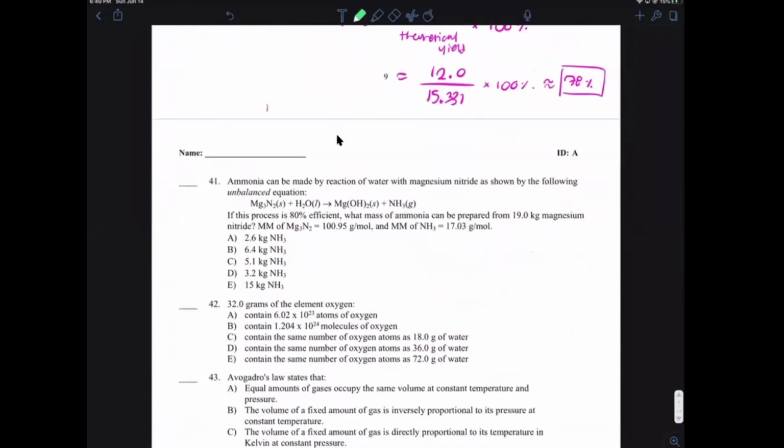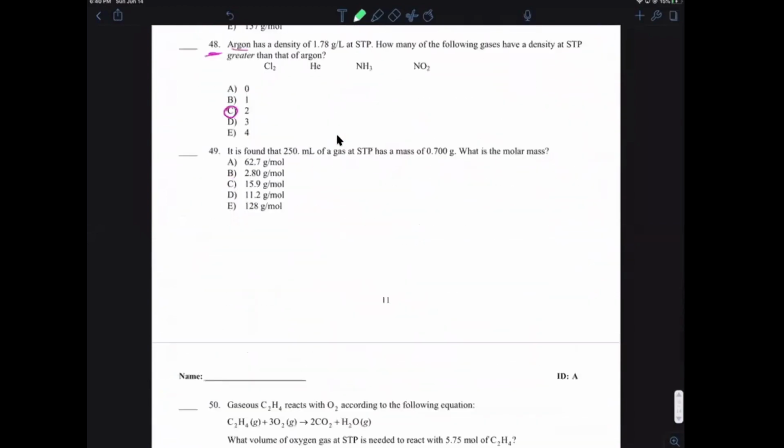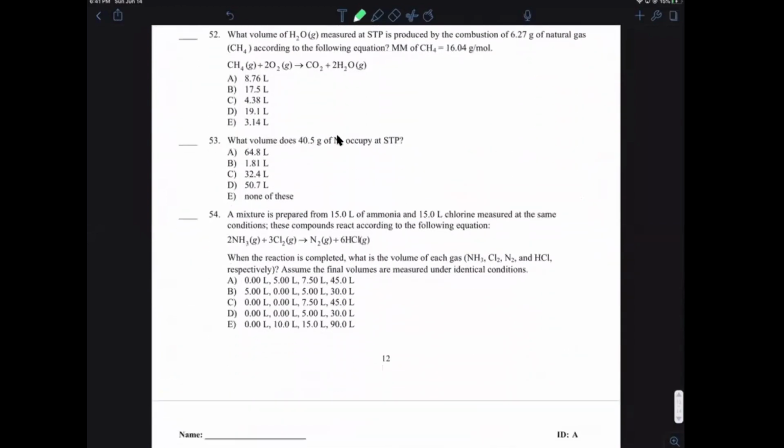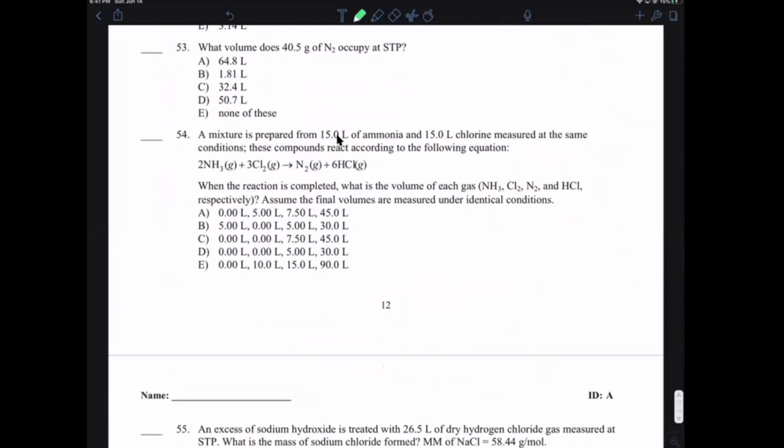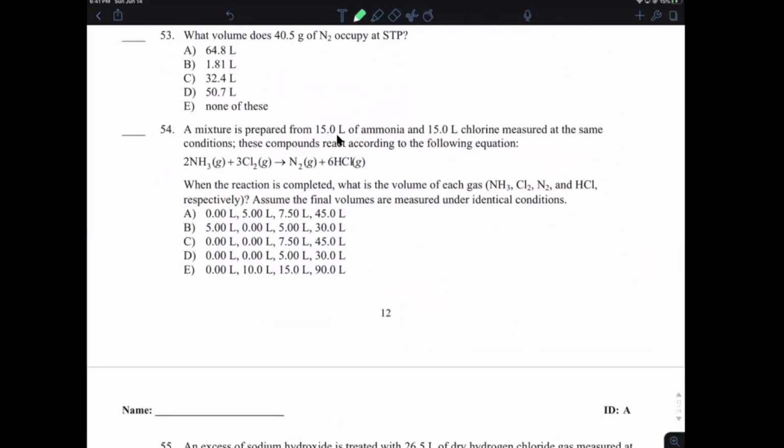Okay, 54. A mixture is prepared from 15 liters ammonia and 15 liters chlorine, measured at the same conditions. It's asking, what is the volume of each gas when the reaction is completed?